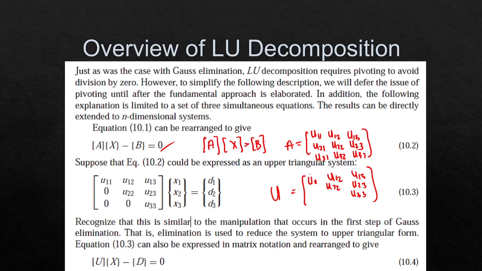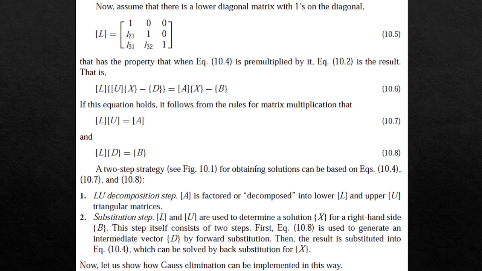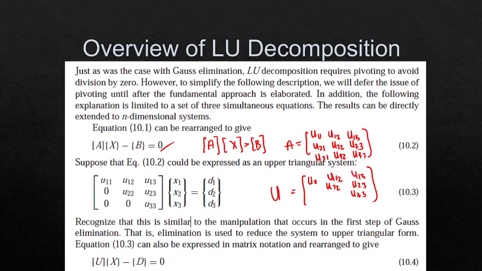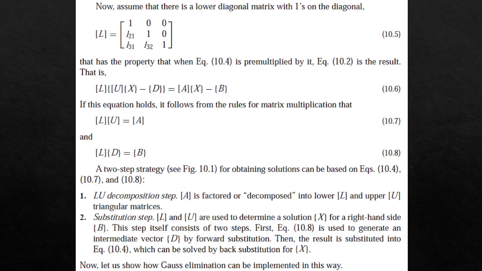So you will be decomposing the original matrix. You have the upper triangular matrix, which we call U, and for the lower you have a lower diagonal matrix, but instead of copying the original values for the main diagonal, you will just set those values equal to 1.